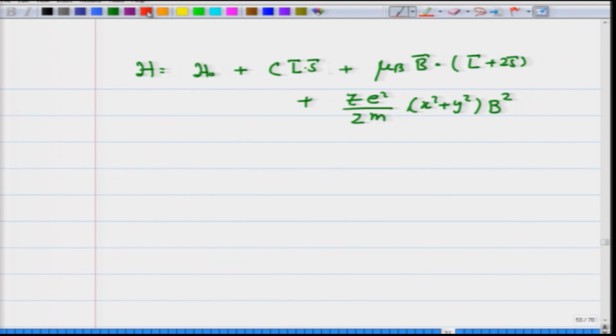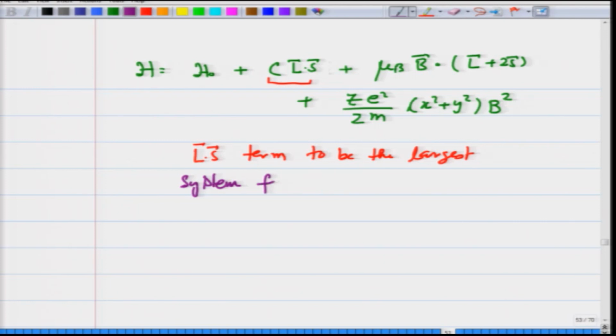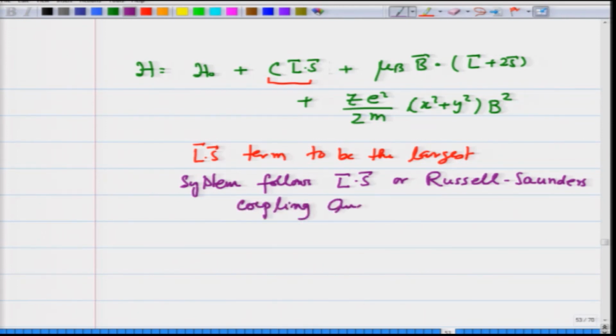In calculating the paramagnetic susceptibility, what we had done was we had taken the L dot S term to be the largest among these three terms, so that it dominates, and because of this the system follows L dot S or Russell-Saunders coupling and gives J states.